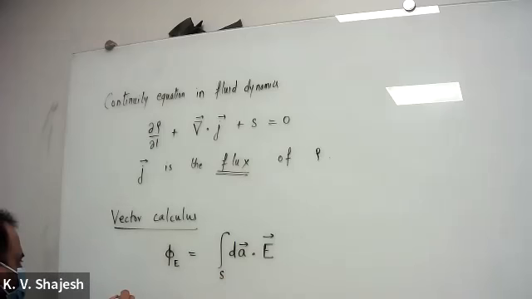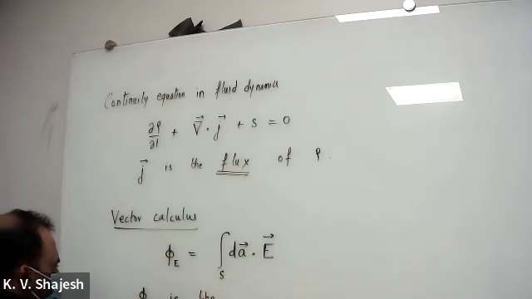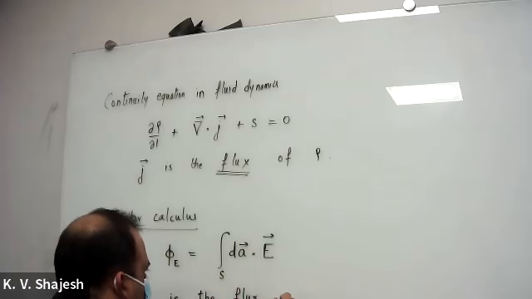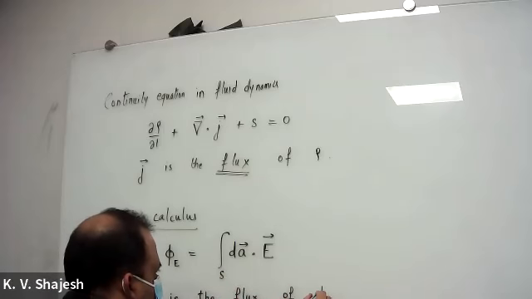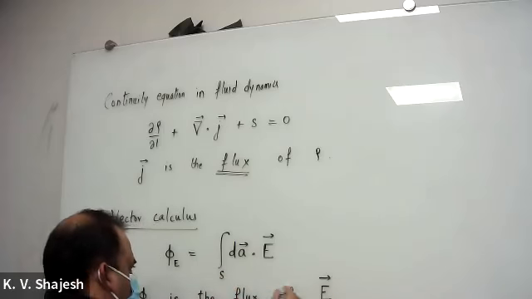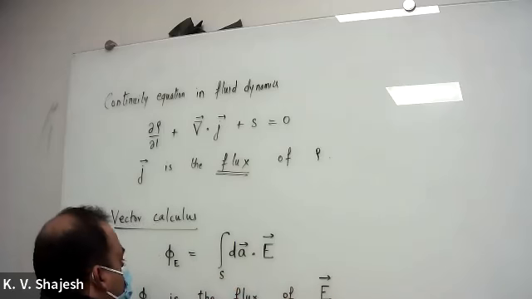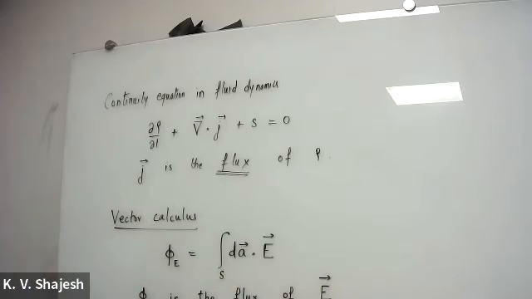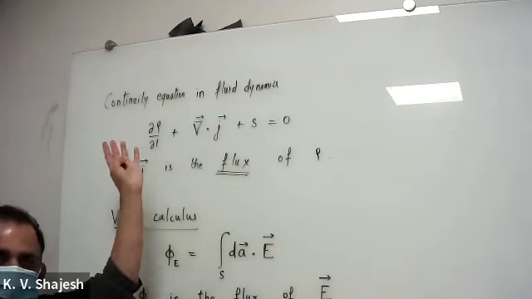So here, phi E is the flux of E, like the vector field E. Again, flux shows up. And they have nothing to do with each other. They're two independent concepts in two different contexts.